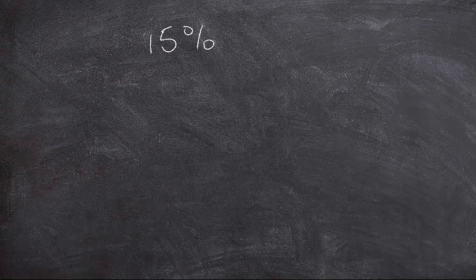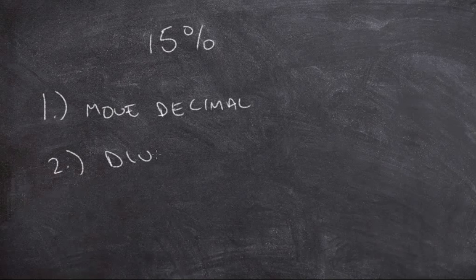In order to do this, you have to be decent at two things mathematically. One, moving a decimal. And two, dividing by 2.